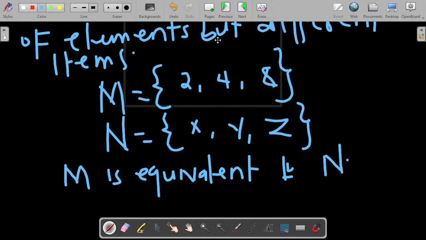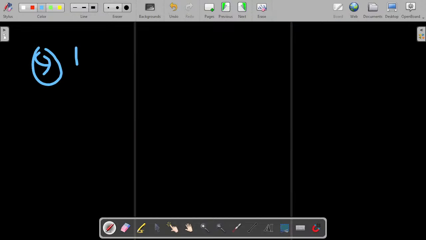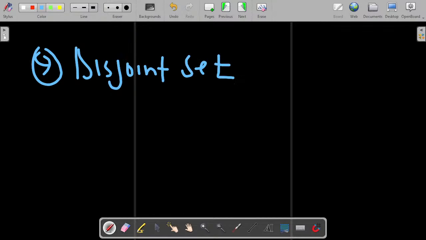So we also have number 9, the disjoint set. Ordinarily, what do you understand by the word disjoint? Don't relate it to what we are doing now.